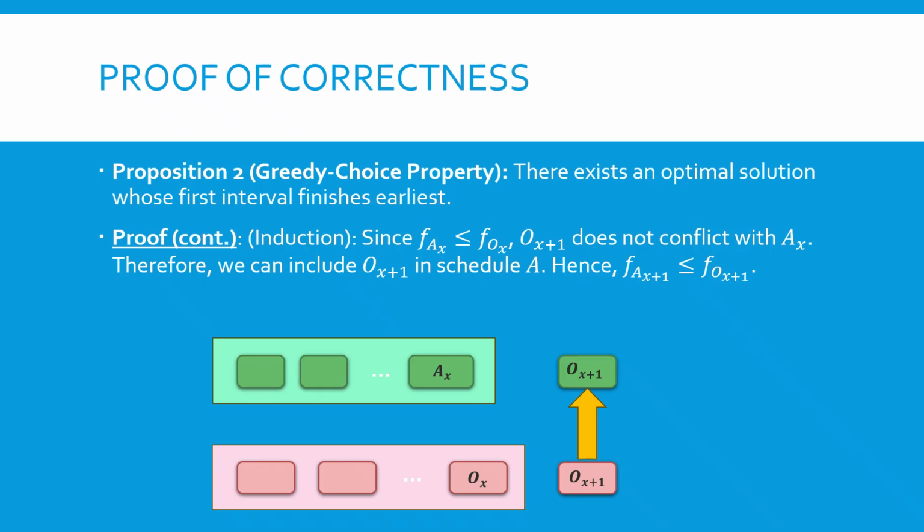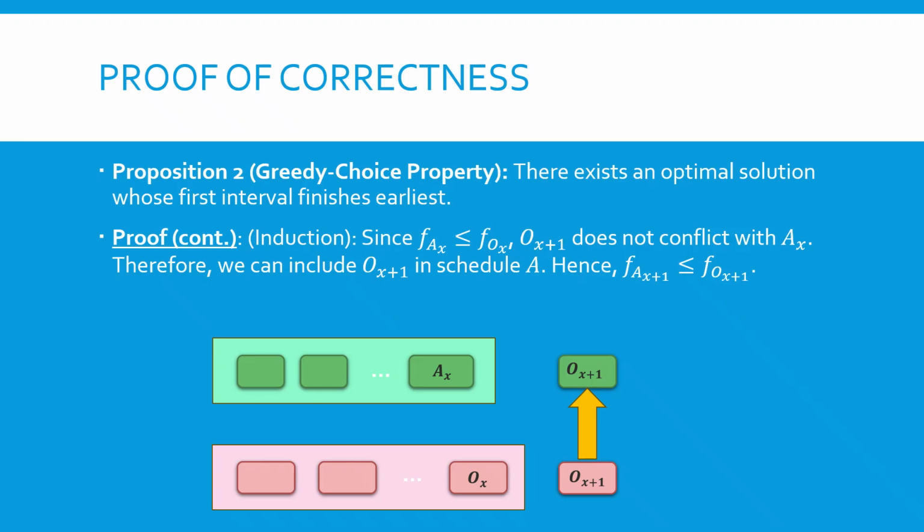Therefore, its start time s(O(x+1)) is greater than or equal to f(Ox) as well as f(Ax). This means that O(x+1) does not overlap with any job in A up through Ax. So, at the moment when the greedy algorithm selects A(x+1), O(x+1) is also a valid candidate and could be selected.